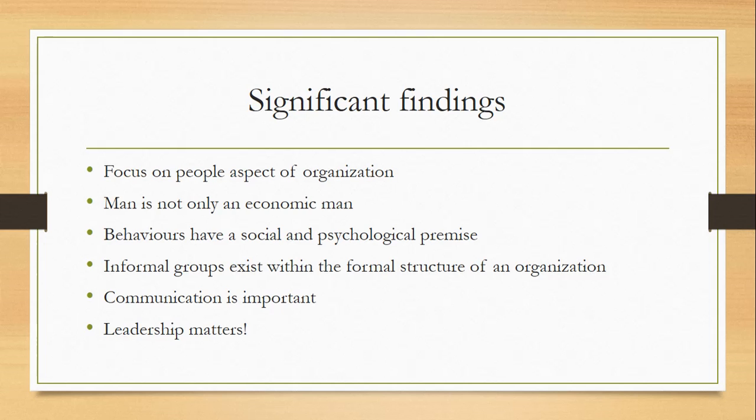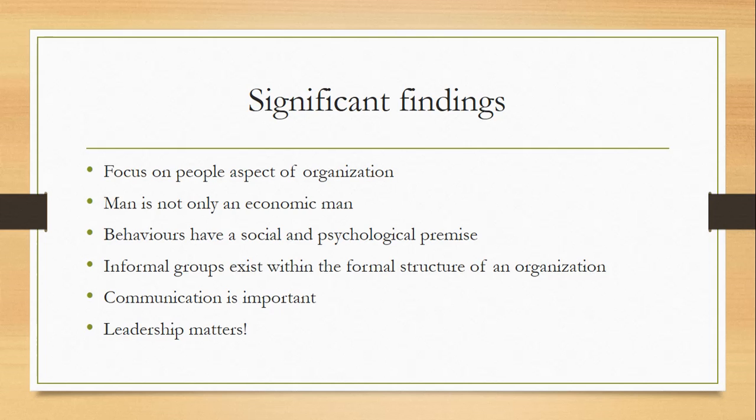Many times they make a choice which is not that rational. So what they work on is the social premise, the psychological premise, the emotions, the feelings, the feeling of being a member of the group, which is important for them.